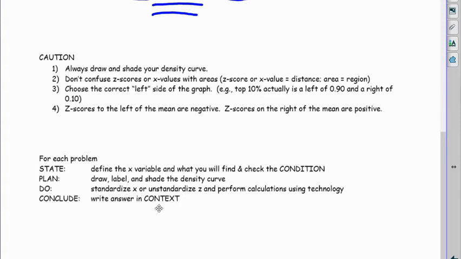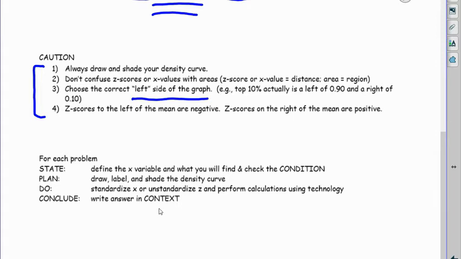And I just want to say that when you're doing this, my cautions to you are to always draw your curves. Don't confuse those z-scores or x values with areas, because z-scores and x values are distance on the number line. Areas are the region in the density curve. Make sure you keep your left being your left and your right being your right.